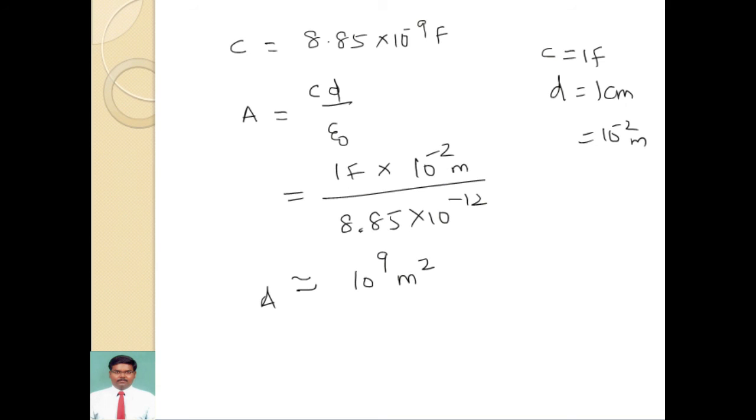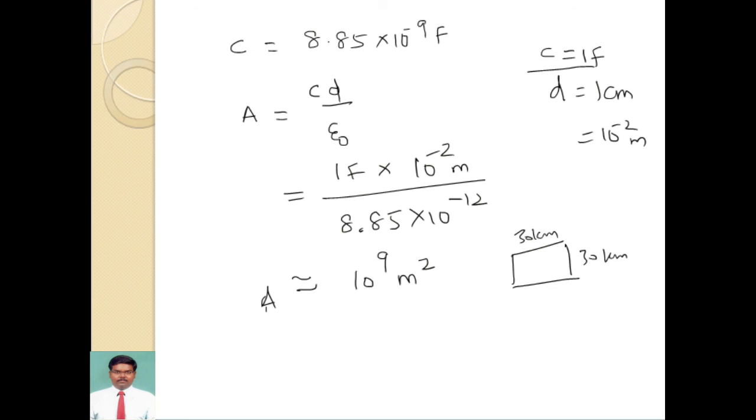So if I want a capacitance value equal to 1 farad, where the distance of separation between the two plates is 1 centimeter, the area of the plate should be 10 power 9 meter square. That would represent a plate about 30 kilometers in breadth and 30 kilometers in length.